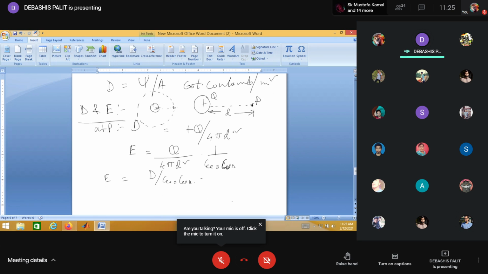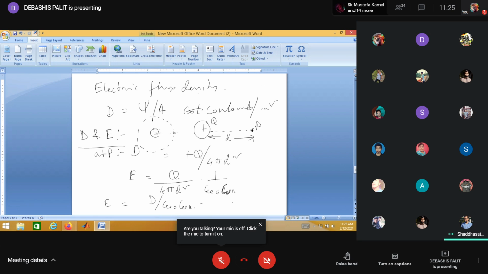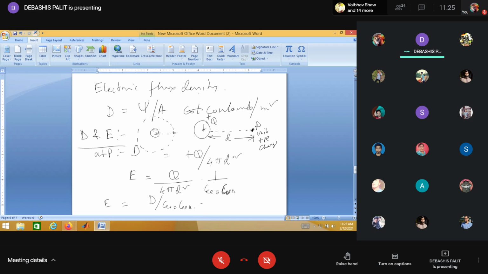Sir, could you please explain the D relation once again? So actually I am considering a positive charge of plus Q here. And at P point, that is at d distance, I am considering a unit positive charge. So if I consider firstly the electric flux density D, that is Q by 4 pi d square, the surface area.